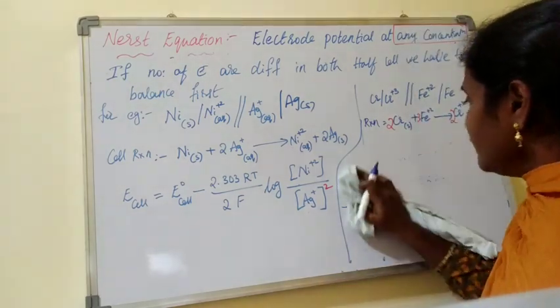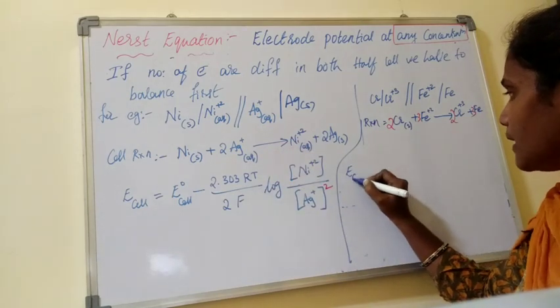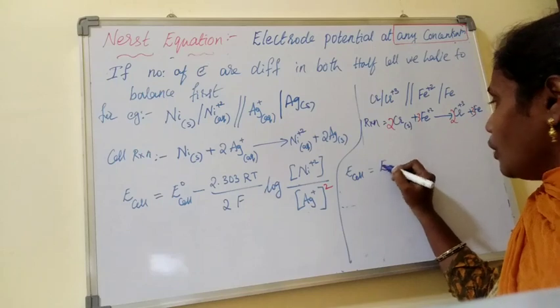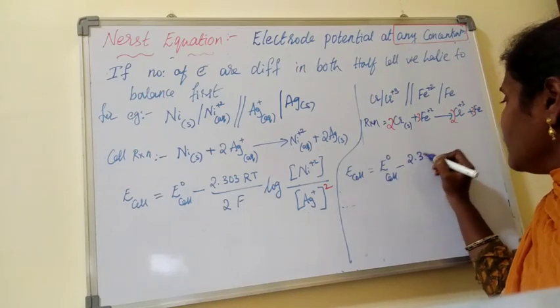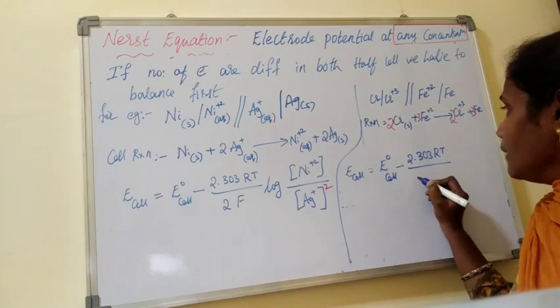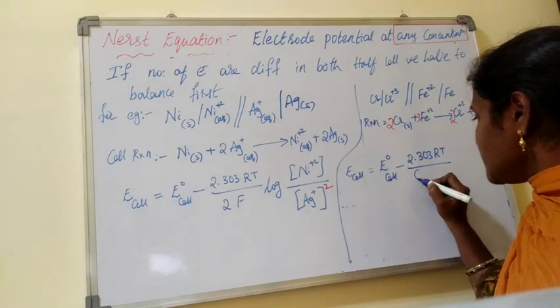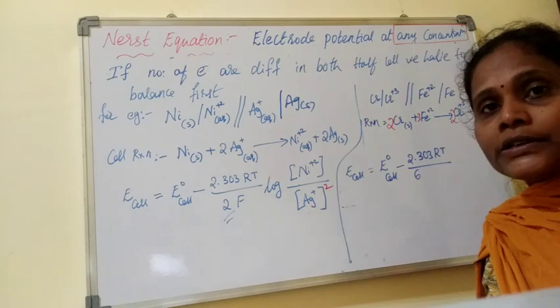Now how to write the Nernst equation for this? Let us write E cell. So E cell of this electrochemical cell will be E naught cell again minus 2.303 RT by nF. How much should I write for n here? 6 electrons, because 6 electrons are involved in this. n means the number of electrons.